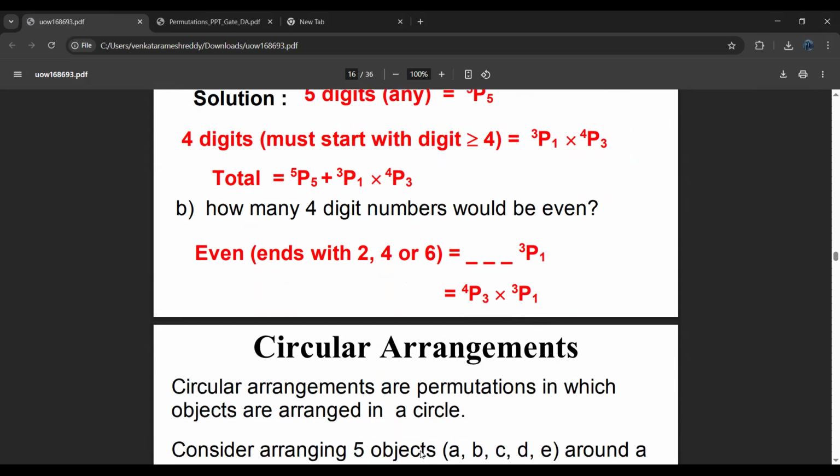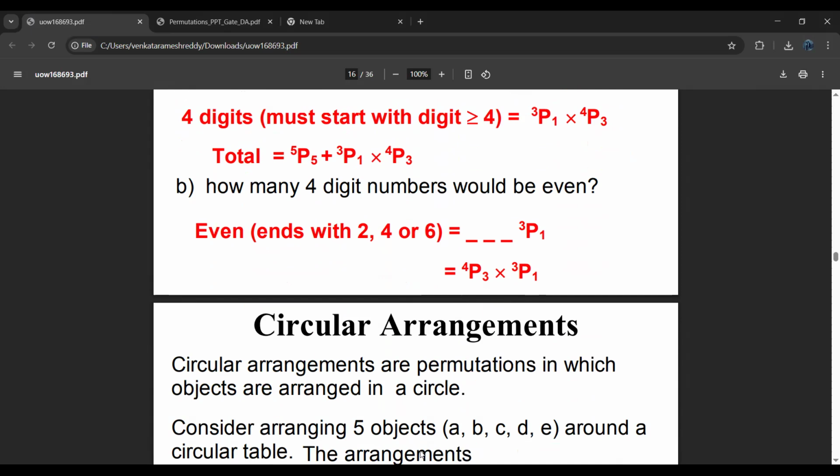Next one: how many four-digit numbers would be even? Suppose we are having four digits. Out of them, how many numbers would be even? If it is to be even, it should end with two, four, or six. So for the last position, there are three possibilities, because it should always end with two, four, or six. Then only it would be even.